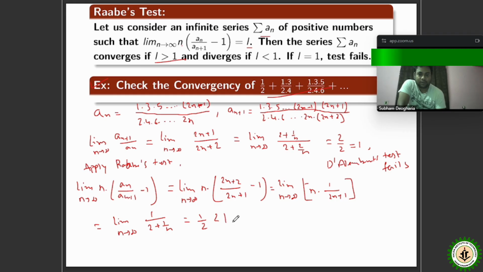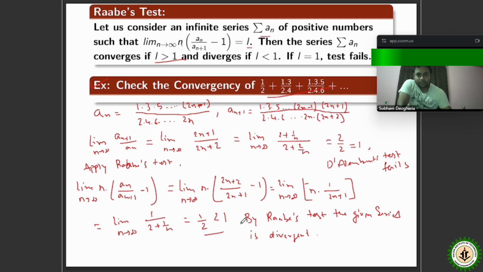That is less than 1. So by Raabe's test, the given series is divergent because L is actually less than 1.